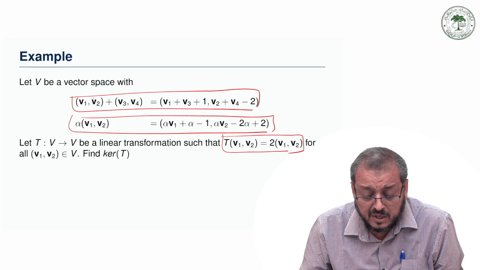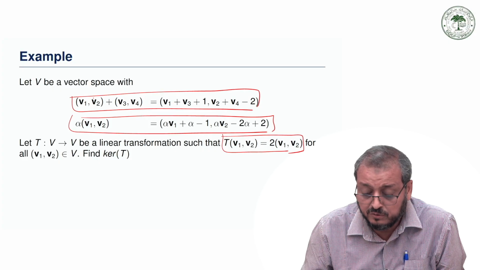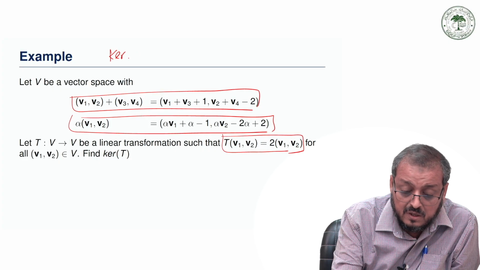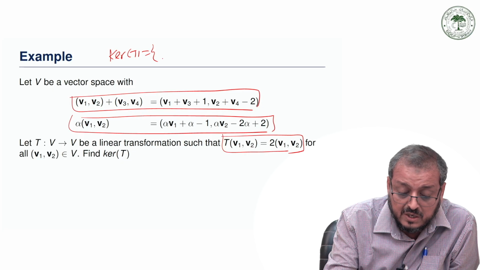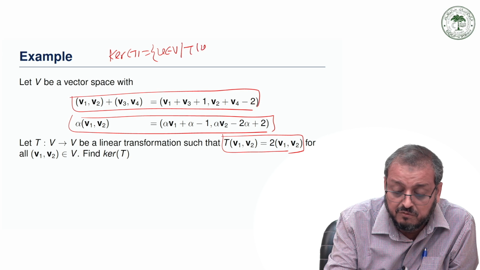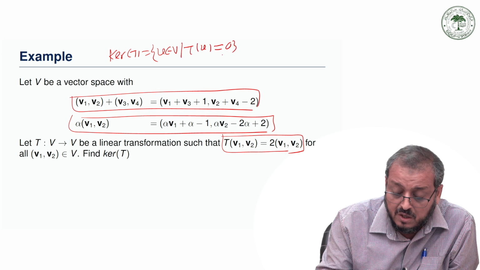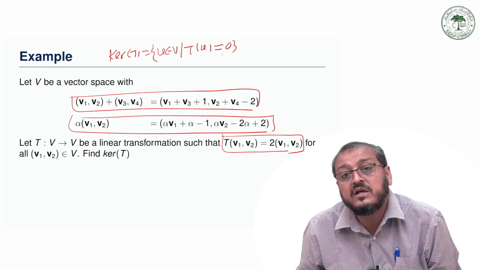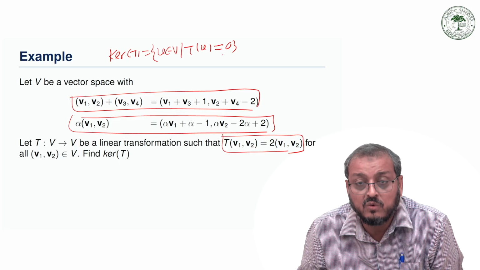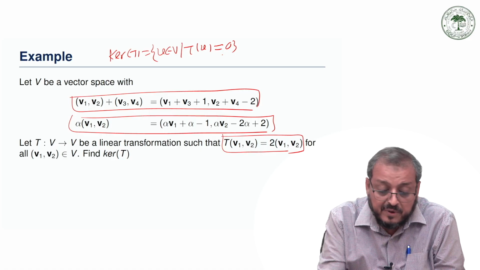Because V is defined in this form, we know that the kernel of T is equal to the set of v, an element of V, such that T(v) is equal to the zero vector, the identity element of this vector space. So, first we have to find the identity element of this set.